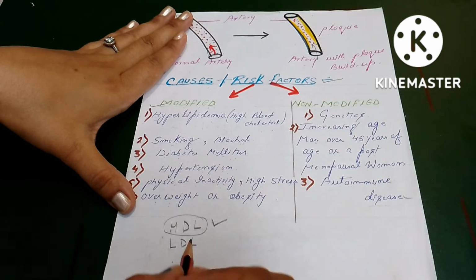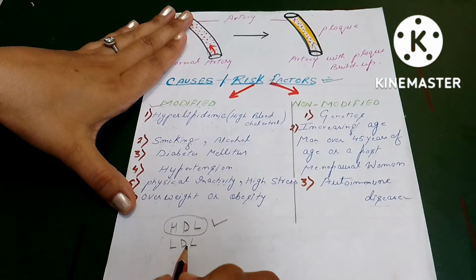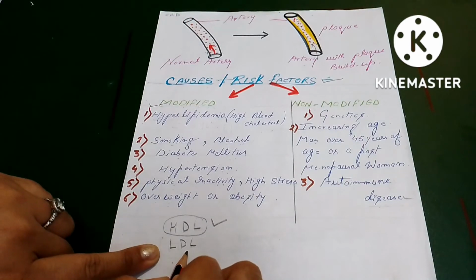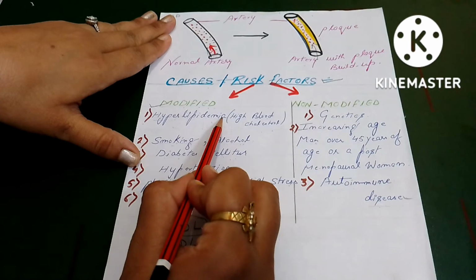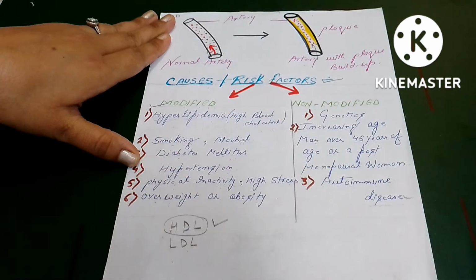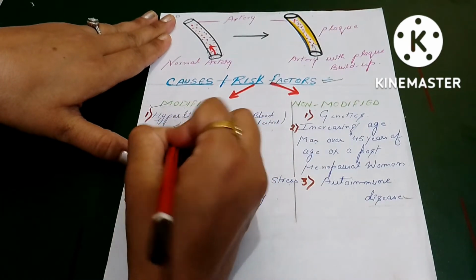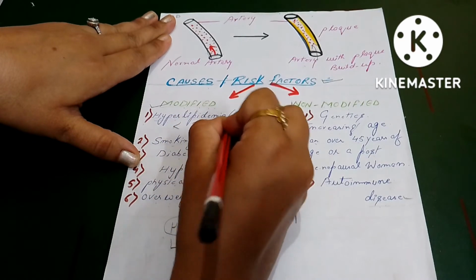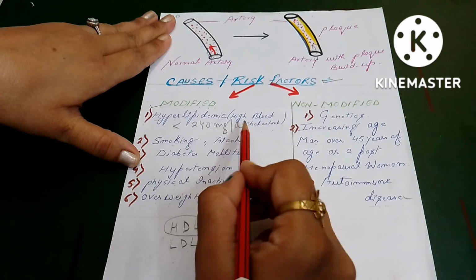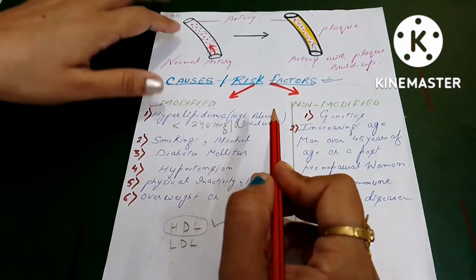LDL is a very bad cholesterol. If there is an increase of LDL, it can cause heart problems. If hyperlipidemia happens, there is an increase of blood cholesterol. How much will it increase? More than 240 mg per dl. If the blood cholesterol is more than 240 mg per dl, it will lead to heart attack.